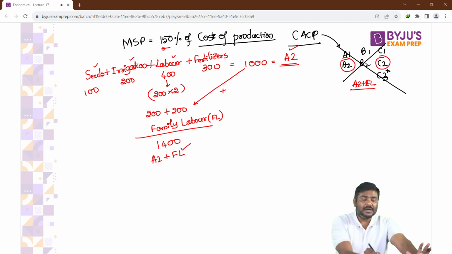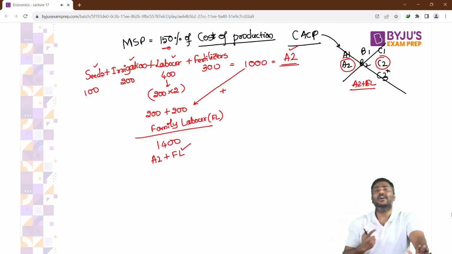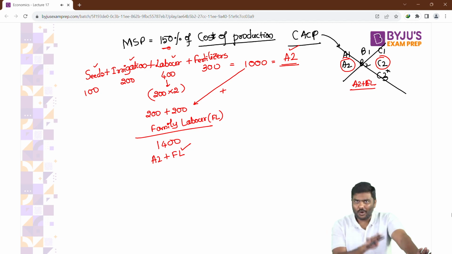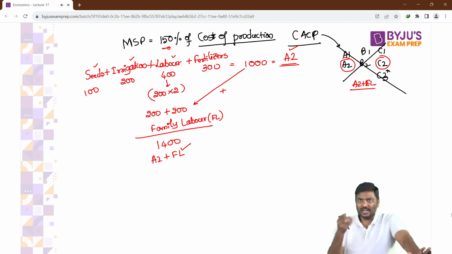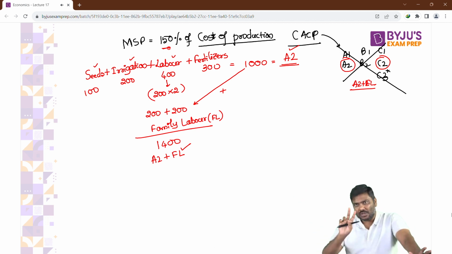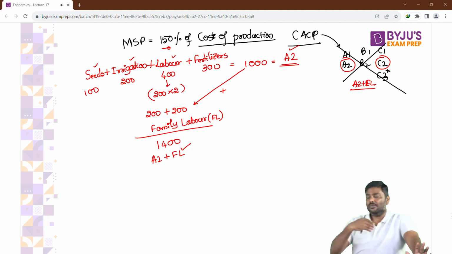They'll say 150% of A2 plus FL, which means, according to this example, if I cultivate this crop and give it to the government, then the government will give me 2100 rupees. If I cultivate this crop, for which MSP is 1400, assuming the MSP policy covers this crop, I'll get 2100 from the government. All of you are okay?